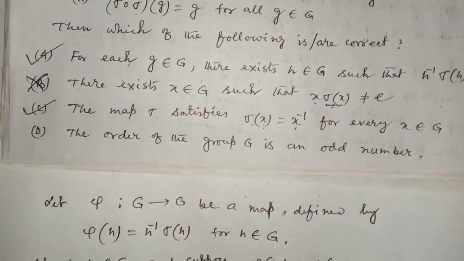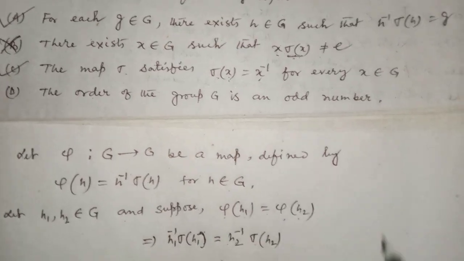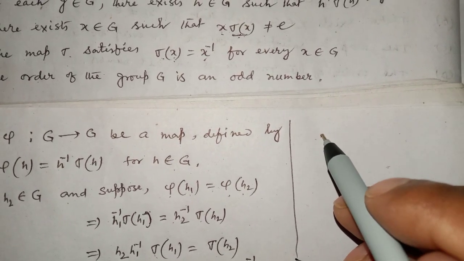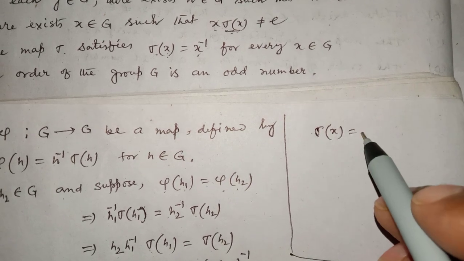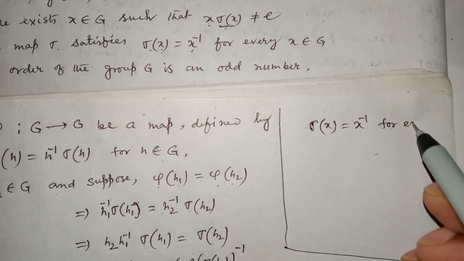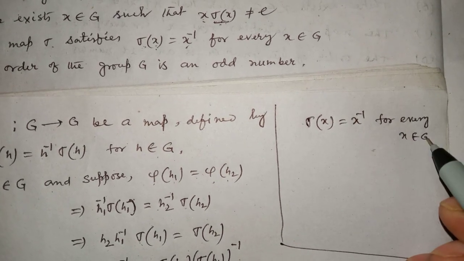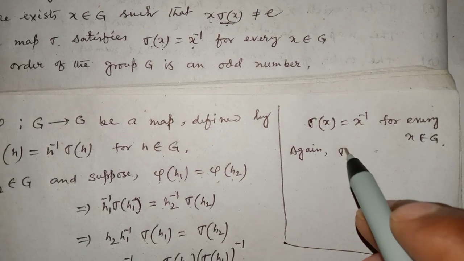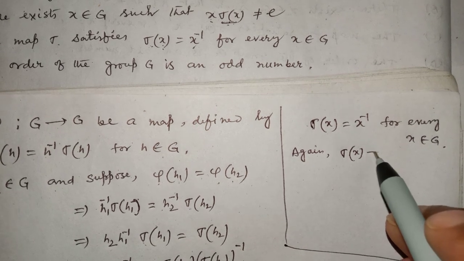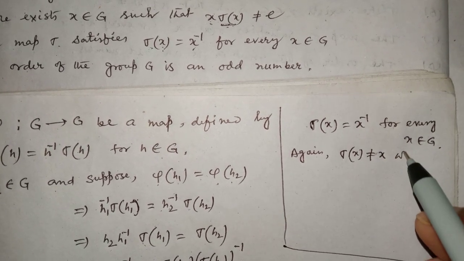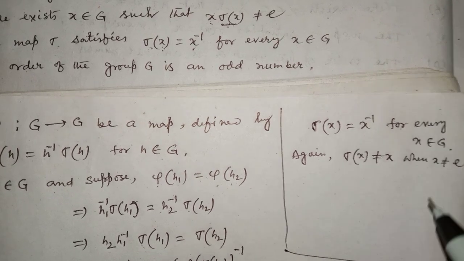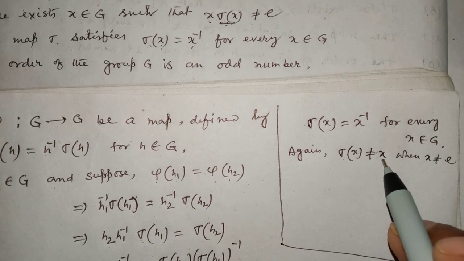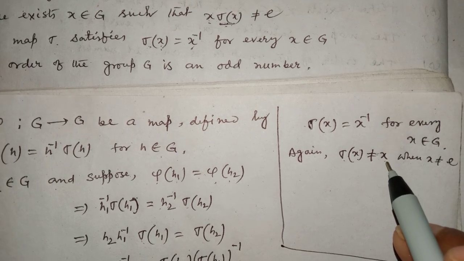We see that sigma x is equal to x inverse for every x belonging to the group G. Again, sigma x is not equal to x when x is not equal to identity, because sigma x is equal to x only if x is equal to identity.